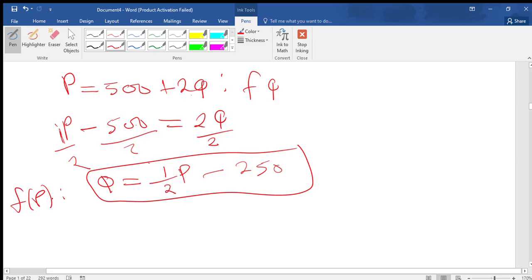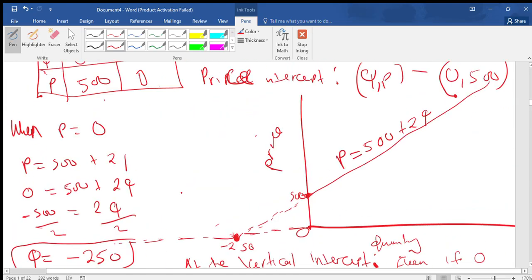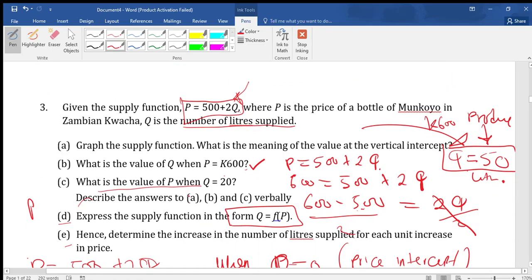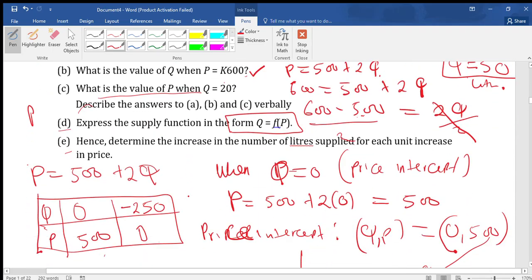So from this case, it says express the supply function in the form of Q equals F of P, you've done that. That's a mark. Number E says determine the increase in the number of liters supplied for each unit increase in price. This is just a definition of the slope.